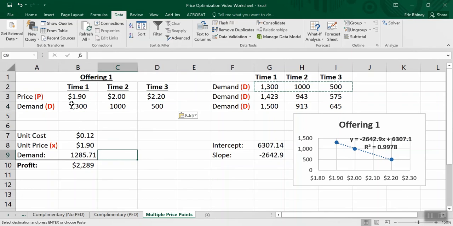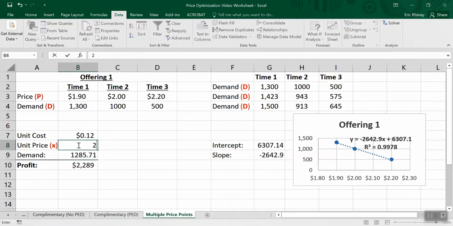And now you can see that at $1.90, our demand curve changed because we have these different plots for our demand. Our R squared is a lot closer to something that actually occurred in terms of this line explaining the points. And we can see that at $1.90, we actually had demand of 1,300, and we're pretty darn close to that in terms of our estimate.